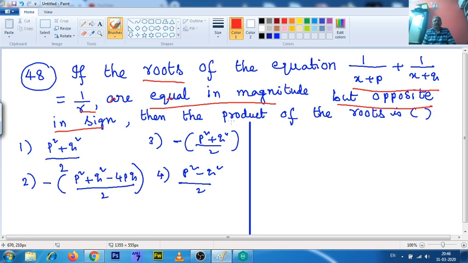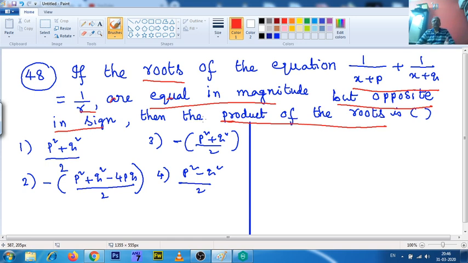Then the product of the roots we need to find out. So that means the roots are numerically equal, but signs are different. That means if one root is alpha, the other root will be minus alpha. If you add these two, one root is the additive inverse of the other root, or alpha plus minus alpha becomes 0.